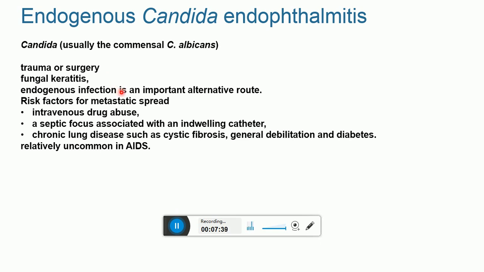Risk factors for metastatic spread include intravenous drug abuse, a septic focus associated with an indwelling catheter, chronic lung disease such as cystic fibrosis, general debilitation, and diabetes, which is relatively uncommon in AIDS.